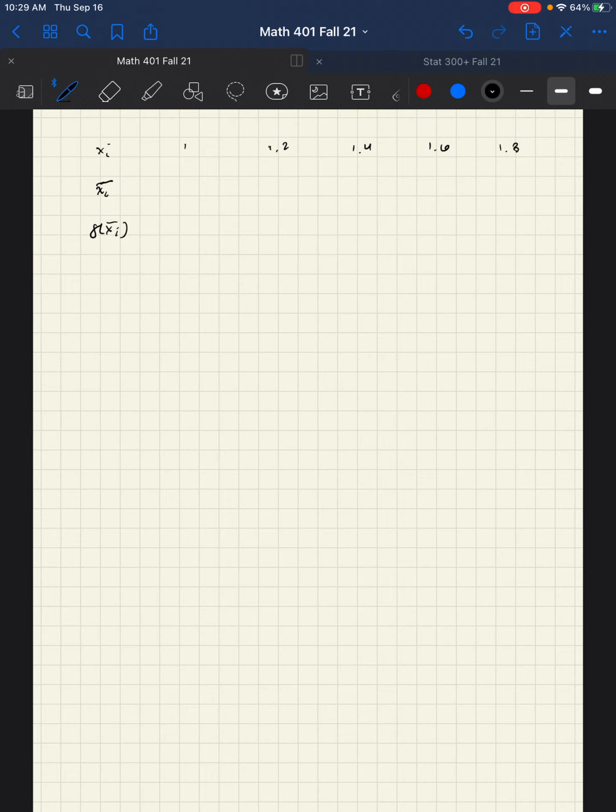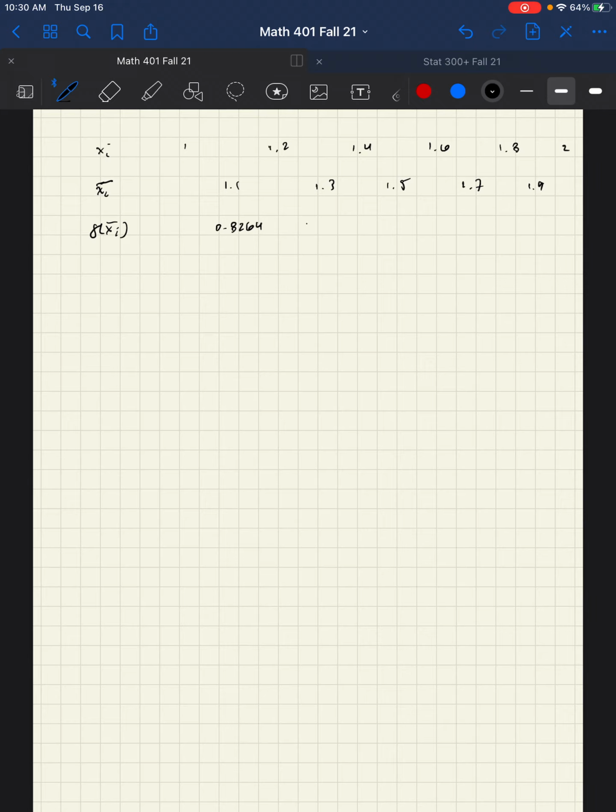Okay, so we have 1, 1.2, 1.4, 1.6, 1.8, 2. I may have run out of room there prematurely, but whatever. So the midpoint of 1 and 1.2 is 1.1, 1.2 and 1.4 is 1.3, 1.4 and 1.6 is 1.5, and so on. You can see that they're the same distance apart. They're just shifted by 0.1.